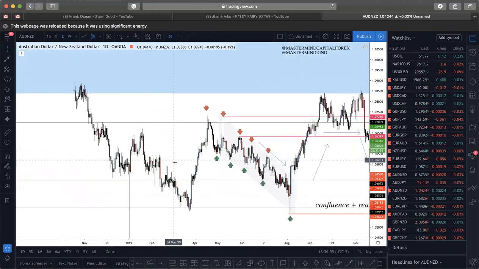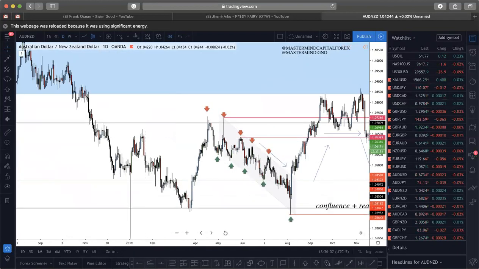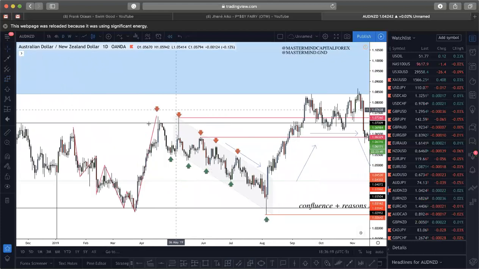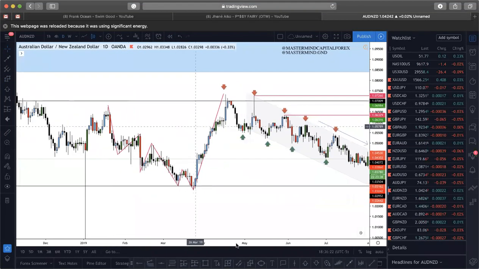So for example, you see that you had a downtrend here, right? And at this moment, that downtrend ended, right? Because you have lower high, lower high, lower high, right?